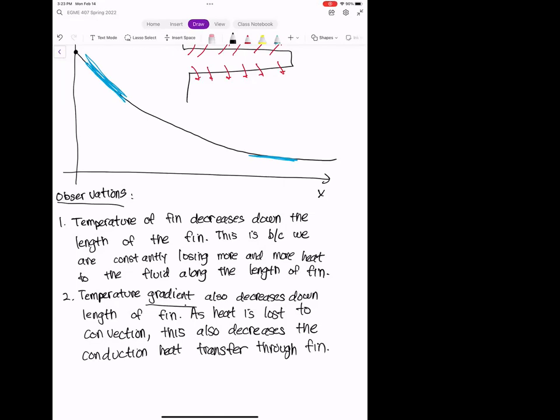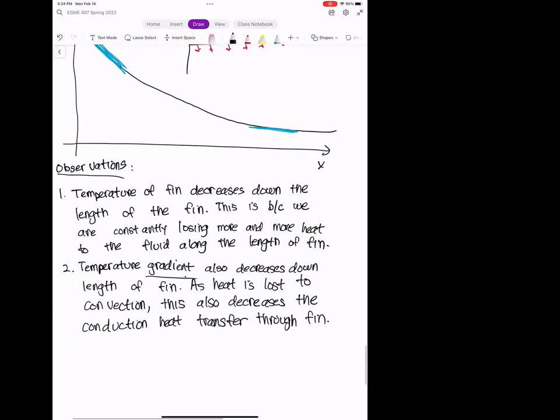So as you go along the fin, there's just less heat that's being transferred throughout it.